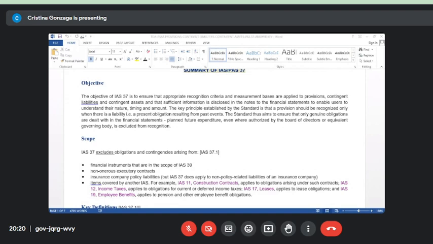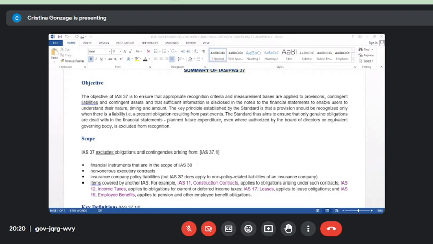Okay? Or, sabihin natin, we can measure the provision by determining the amount that the entity would have to pay to cancel the obligation. Kaya di ba, doon sa premiums, marunong tayo mag-compute. Naaalala nyo yung calculation natin ng estimated premium payable or estimated warranty payable. Meron tayong mga calculations na ginagawa, right?